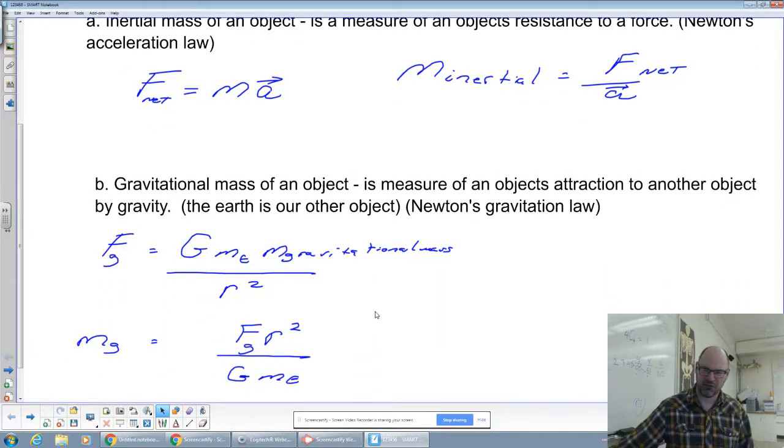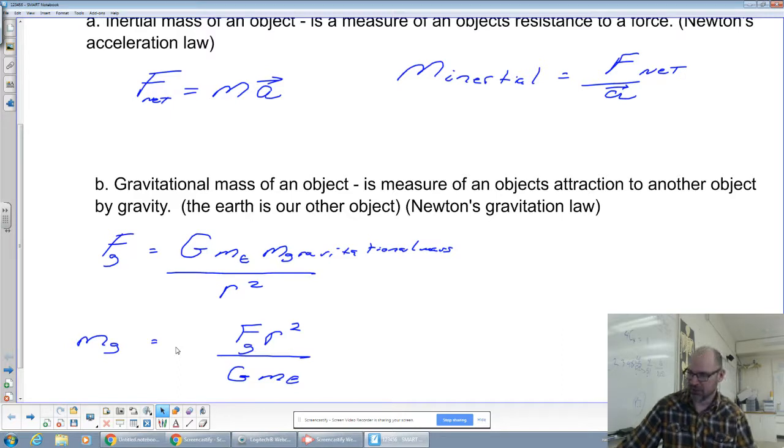Force of gravity is equal to G times the mass of the Earth times the gravitational mass over r squared. If you rearrange that to get the gravitational mass by itself, it's force of gravity times r squared over G times the mass of the Earth. This is called our gravitational mass.